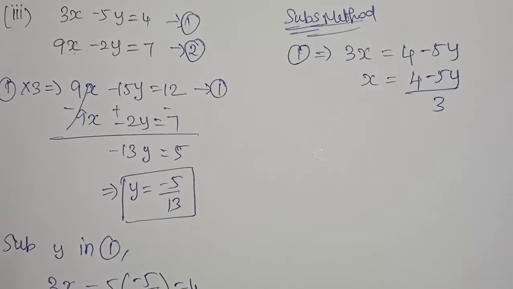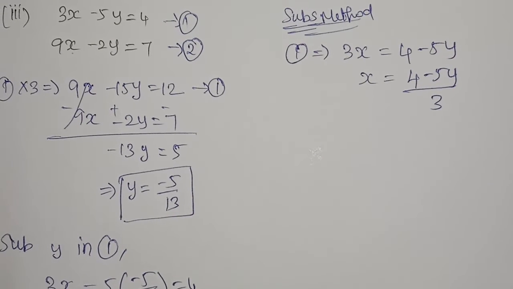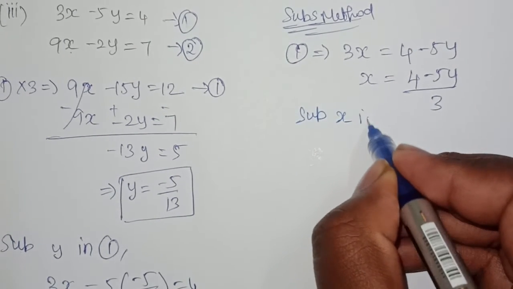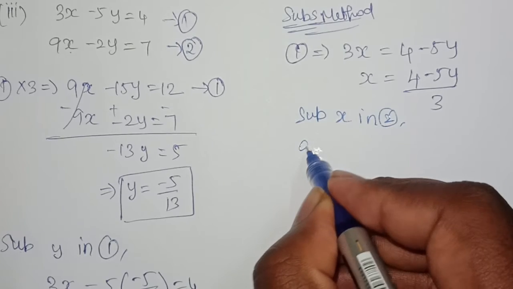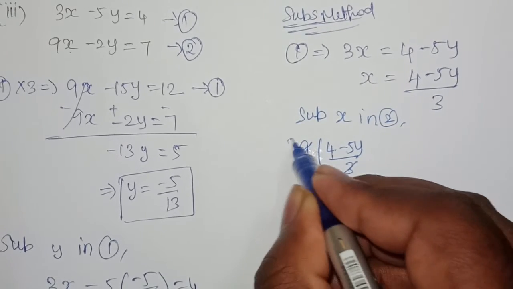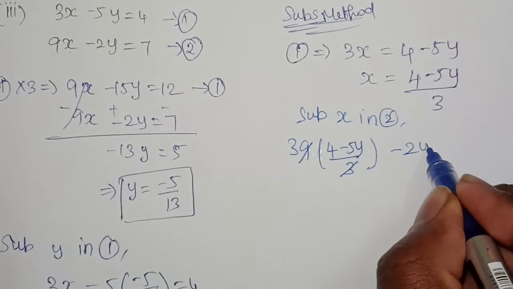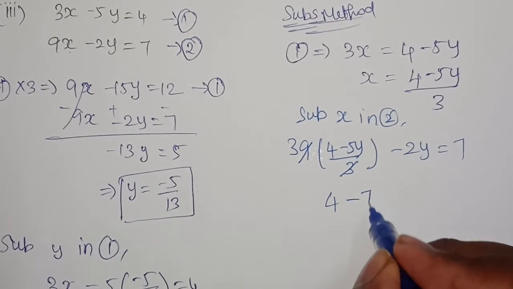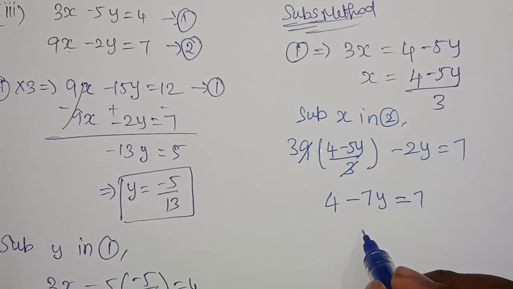We will be continuing by substituting it in the second equation. Substitute x in the second equation, which is 9 into (4 minus 5y) divided by 3 minus 2y equal to 7.